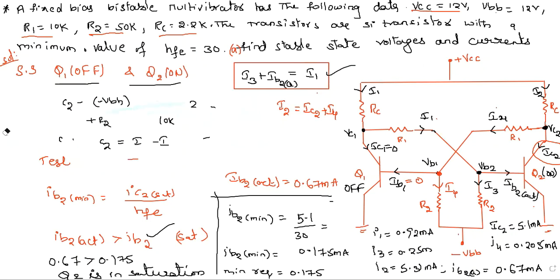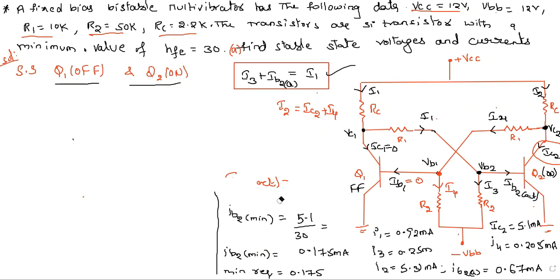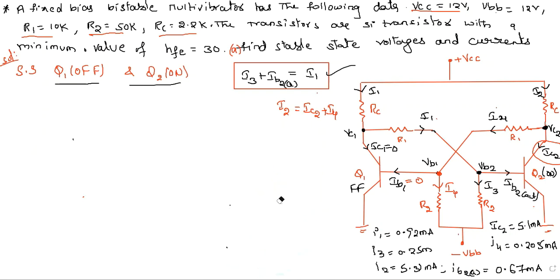So one confirmation we got is Q2 is in saturation. Now we need to verify whether Q1 is in off state or not. Right, so we shall calculate that.